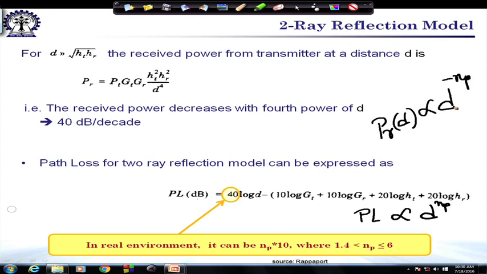What you have seen is that for the free space propagation model, NP is equal to 2. For the two ray model, NP is equal to 4. In practice, this NP can vary between 1.4 and 6 as has been generally observed, but things could go worse in either direction under different conditions.